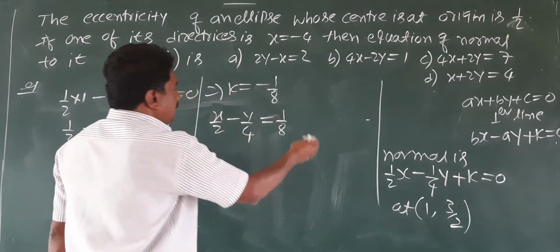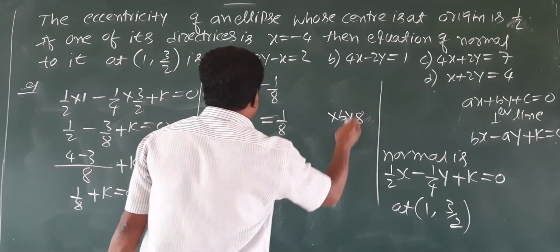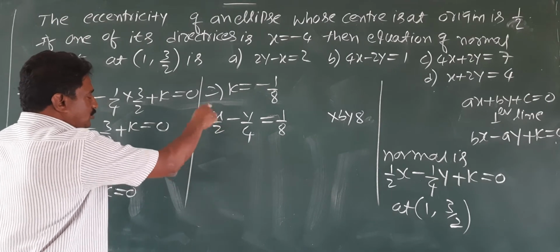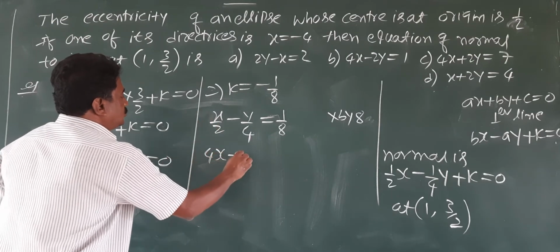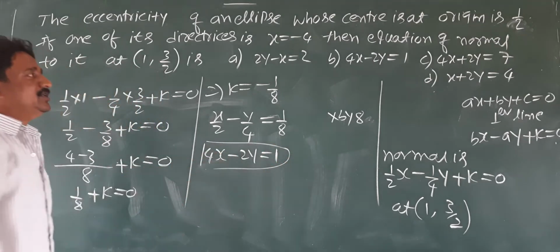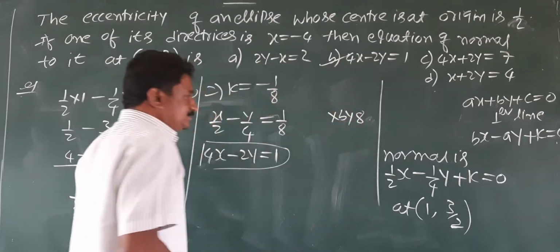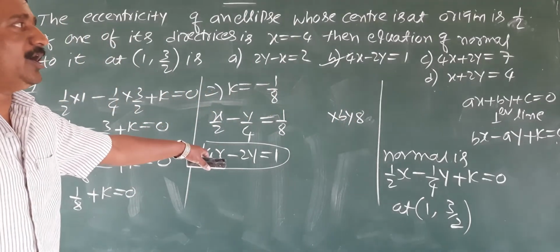Multiply throughout by 8, so 4x minus 2y is equal to 1. So we got the normal's equation. Which option is correct, students? Option B is correct.